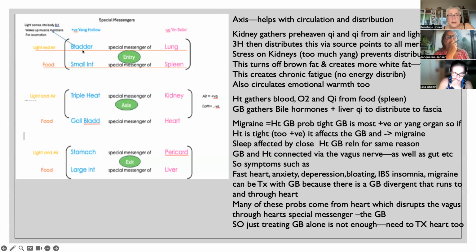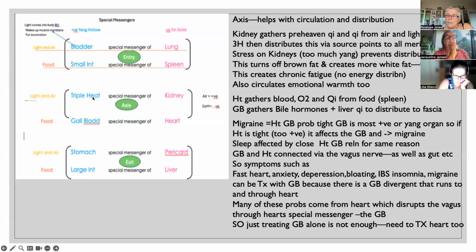So all of the special messengers distribute the energy that is in the yin channels. And this is just one example of it. By treating the kidneys, what we were doing was allowing the energy of the kidneys to move. And where did it move? Through the triple heater.